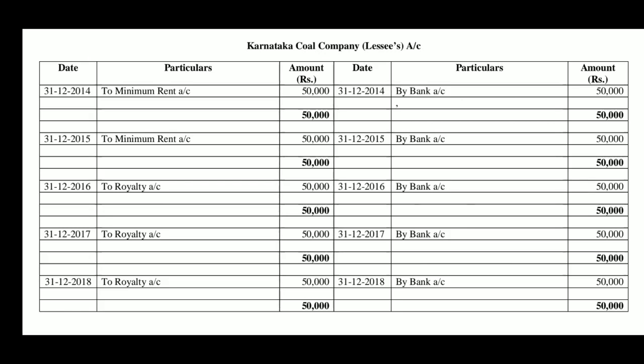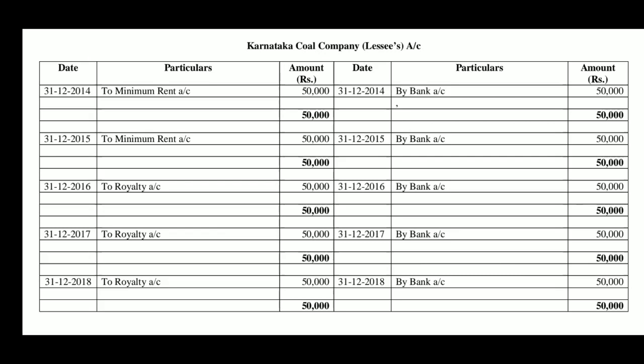Remaining 50,000 is the balance royalty receivable from lessee. Therefore, lessee's account debtor to royalty account 50,000. Lessee's account is debited not with the actual amount of royalty, but the balance remained after the recoupment of short workings to the extent of surplus royalty. That amount when received, lessee's account credited by bank account 50,000.